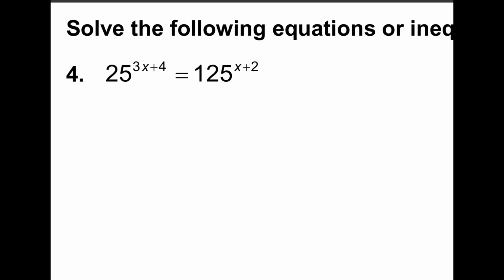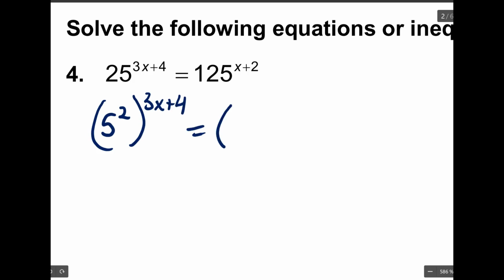Okay, so 25 doesn't go into 125, so you could break it down smaller. You have to break it down to 5. So on the left, it'd be 5 squared, parentheses 3x plus 4, equals 5 to the 3rd power. And then you multiply it out.